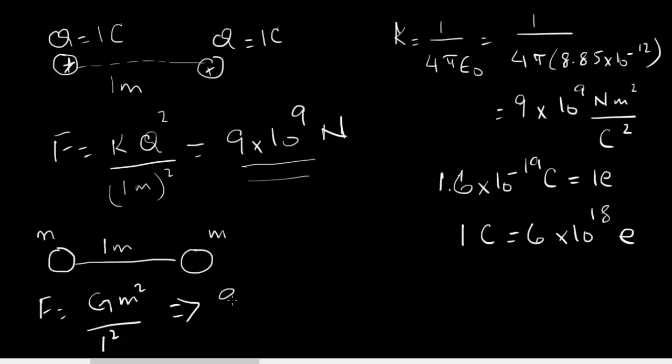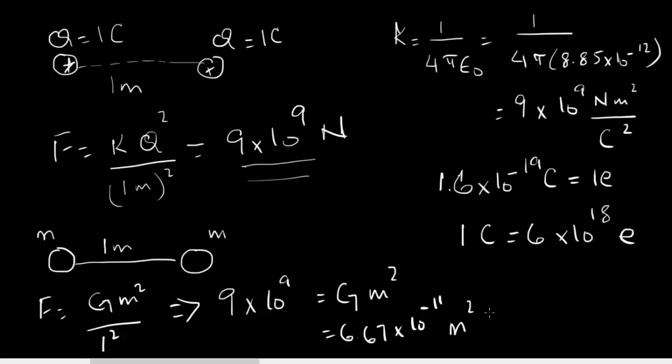Then we want the force to be 9 times 10 to the 9 and equal to G times m squared. 1 doesn't matter in the denominator. And G is 6.67 times 10 to the minus 11 times mass squared. So that implies that the mass is about the square root of 10 to the 20, so it's about 10 to the 10 kilograms.